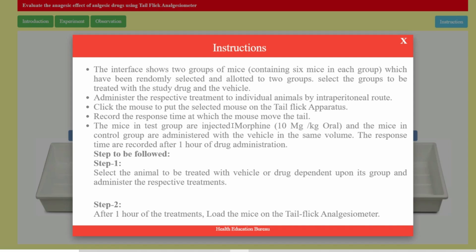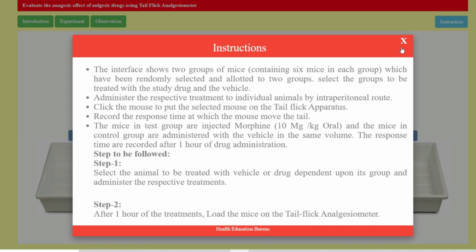First we will select the vehicle treated group, and then we will start treatment of the drug treated group. After 1 hour of treatment, load the mice on the tail flick analgesiometer, whether it was an IP dose or oral dose, and keep the animals on the analgesiometer.